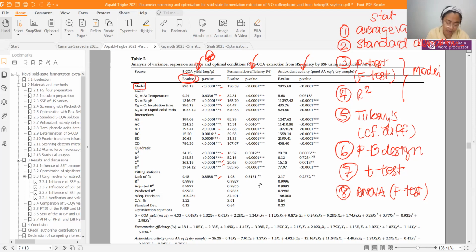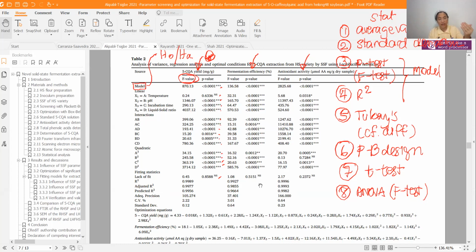So what are the tests? The first is testing the model. Testing the model means that we have to find what the H naught and the alternative hypothesis, HA or H1, of this test are.